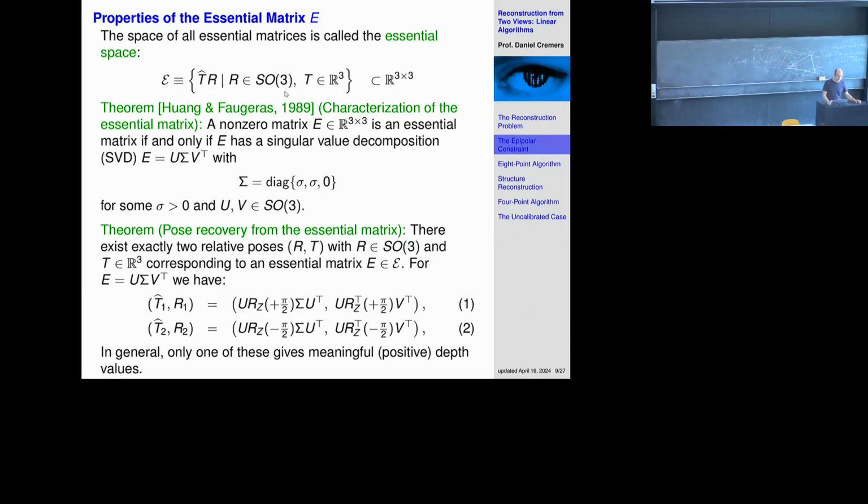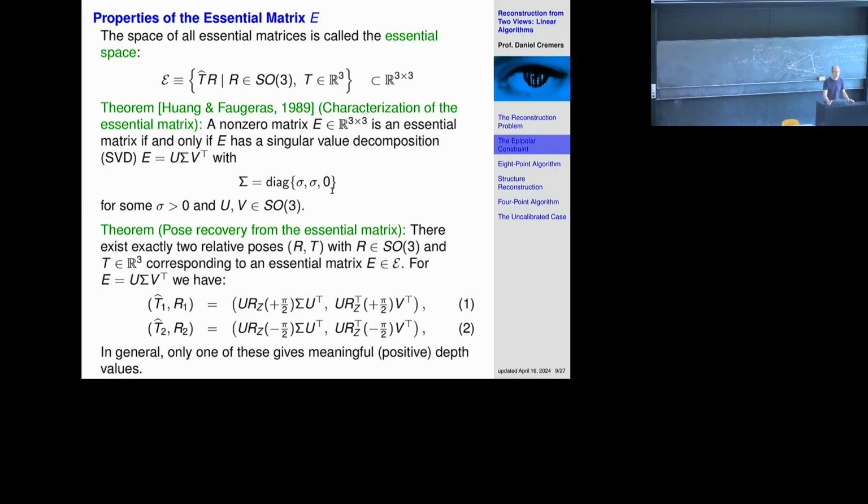And you can characterize what the space of essential matrices looks like. This is a theorem by Huang and Faugeras, who basically say a non-zero matrix E is an essential matrix if and only if it has a singular value decomposition with two identical singular values and the third one being zero.